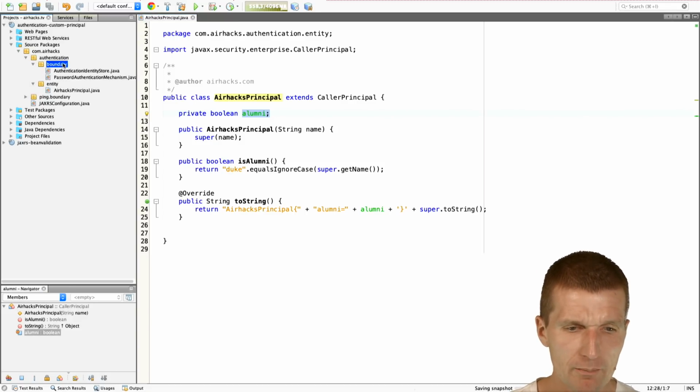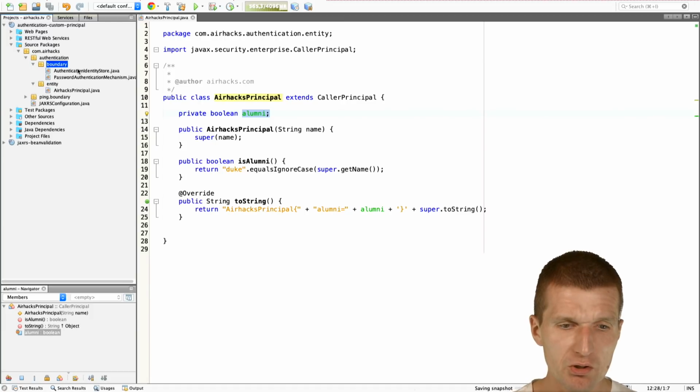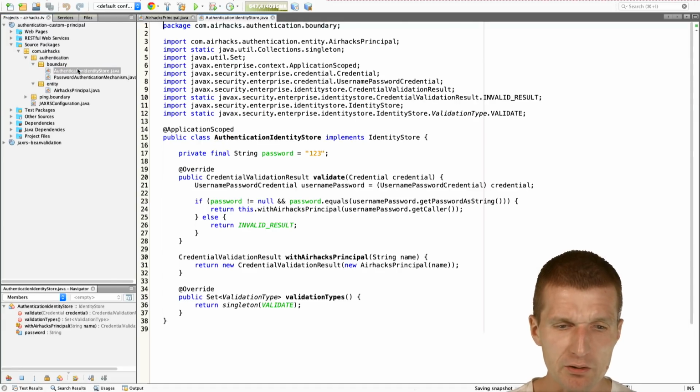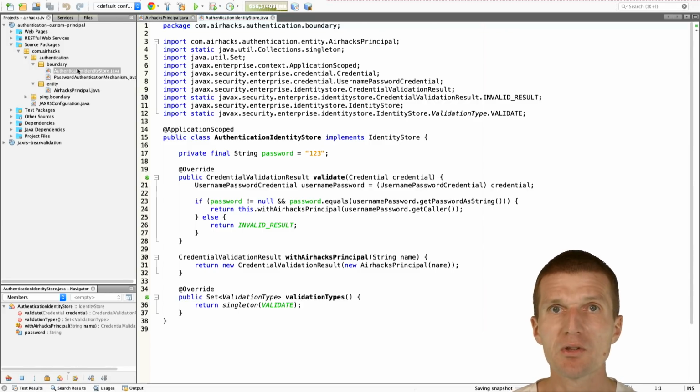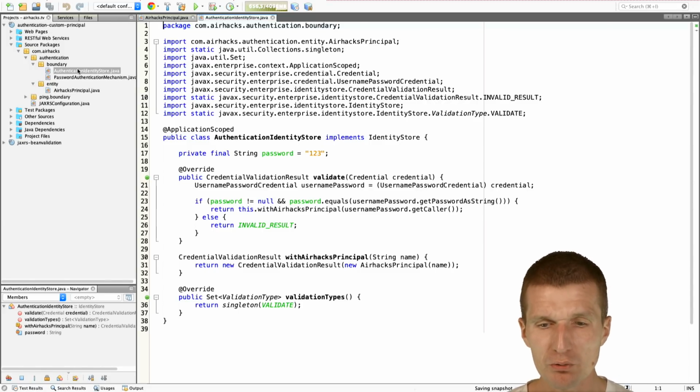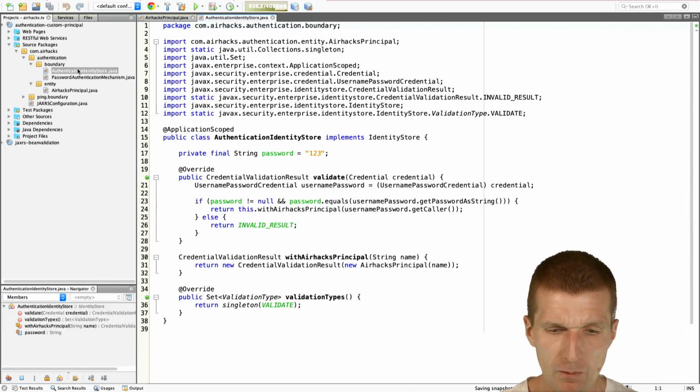Now, there are two examples. And by the way, if you would like to understand the examples, you can also listen to the Java authentication episode. But there is the authentication identity store, which implements IdentityStore. You could also call it realm, but in the JSR 375 we had a vote, should it be identity store or should it be realm. And what happened here, I just tried to write as simple code as possible.